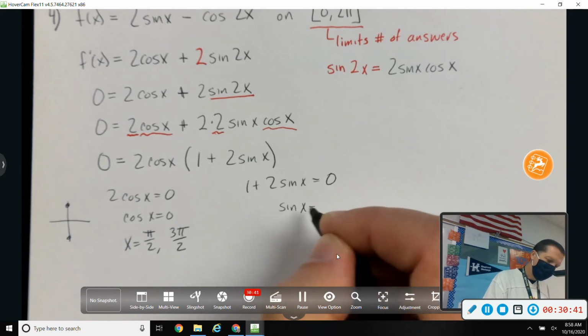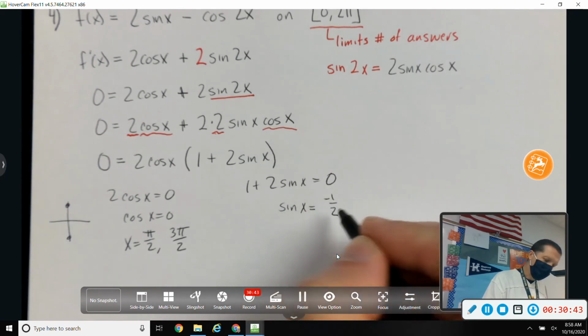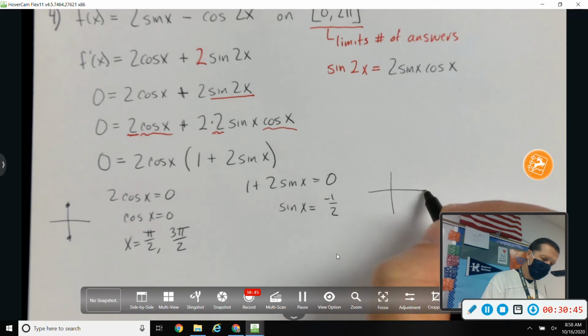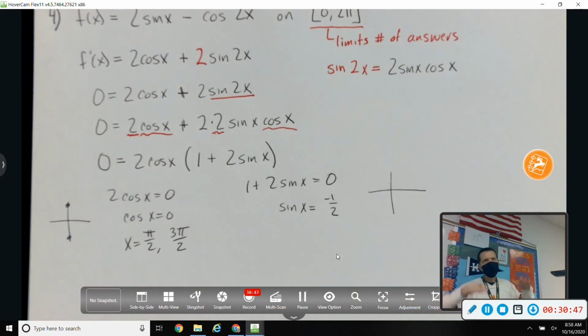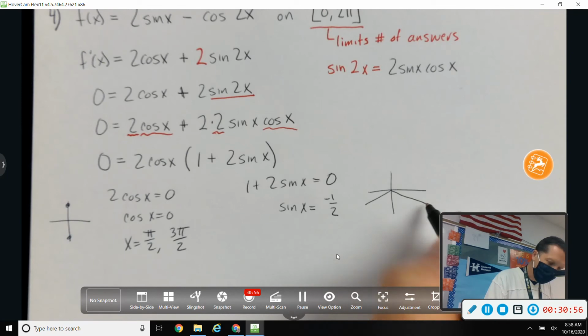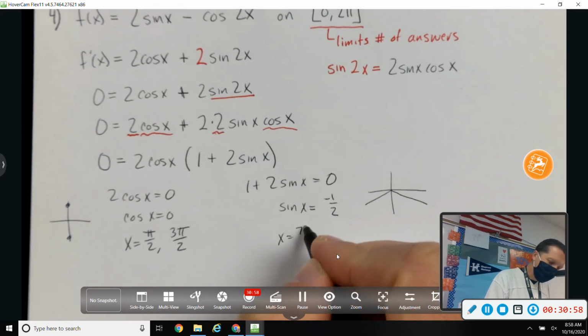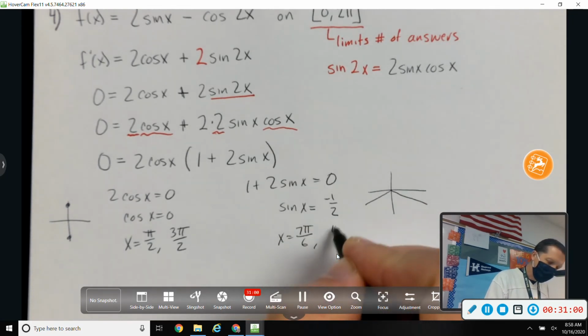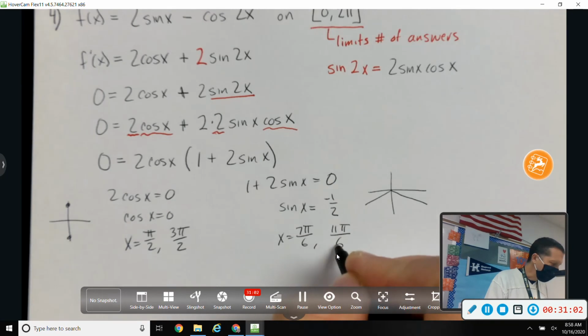Sine of x equals negative 1/2. So sine is the y-coordinate, the up and down coordinate, so that's the down stuff. 1/2 is the shorter side. So that would be 7 pi over 6 and 11 pi over 6.